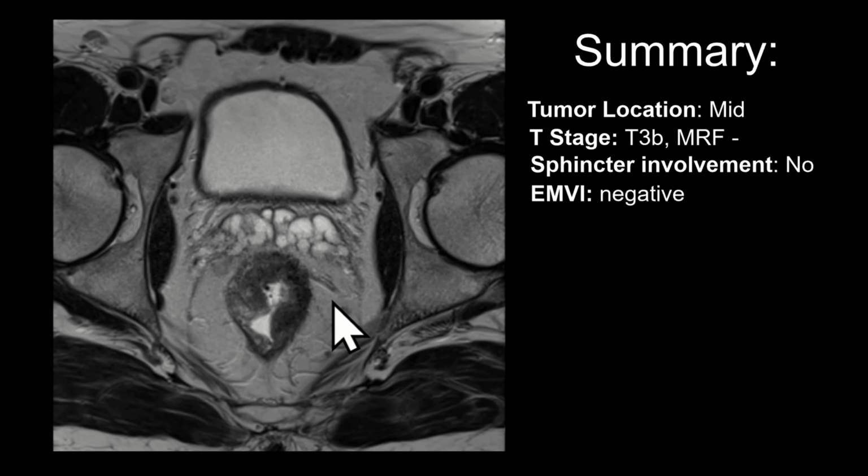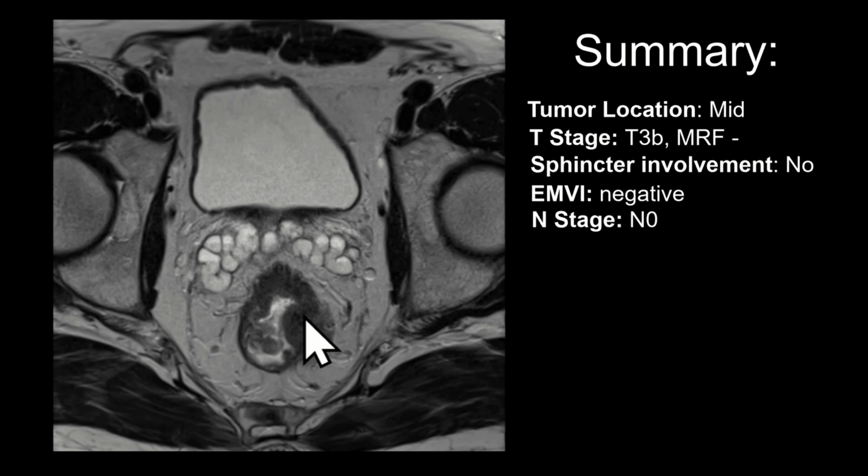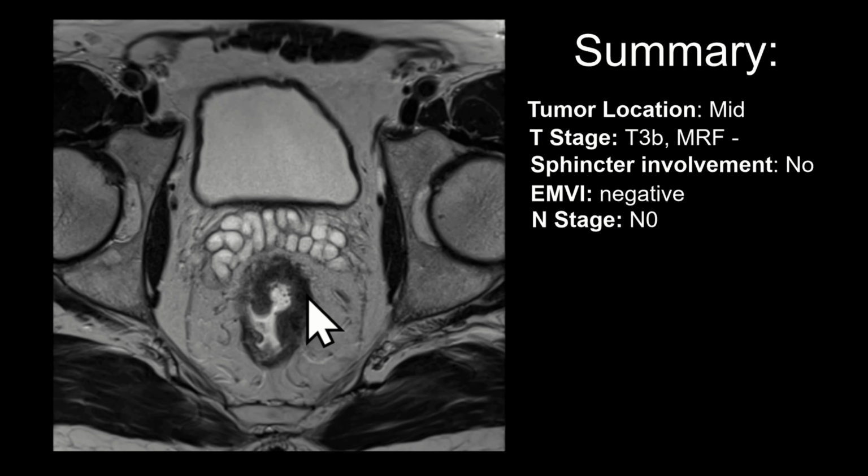Here, it's EMVI negative. And then the N stage, including whether there are suspicious nodes outside of the mesorectum, and if so, which ones. Here, negative. Okay, so for this T3B, MRF negative, EMVI negative, and node negative mid-rectal tumor, at most institutions, this patient would go directly to surgery without neoadjuvant therapy, which is exactly what happened here with a good result.